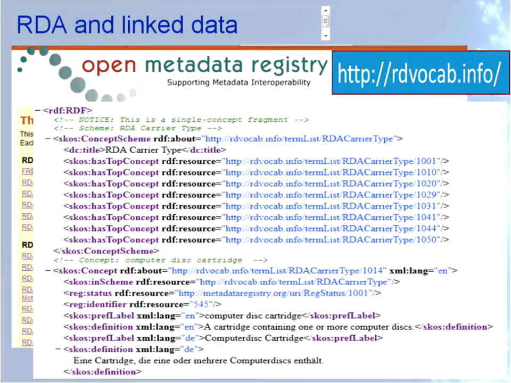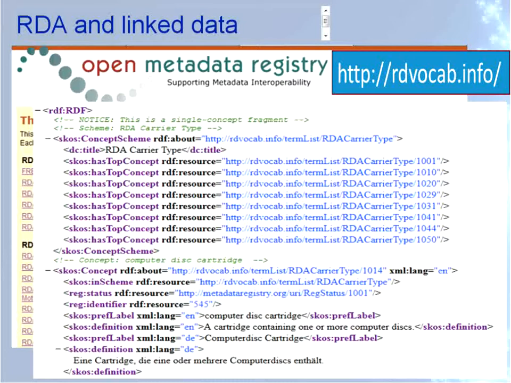You can go there directly using a Google search, or you can use this shortcut URL which is on the screen, rdvocab.info, and that will lead you to a list of the RDA vocabularies that are available and their current status. None of the element sets have yet been published, but we hope to rectify that situation early in the new year.